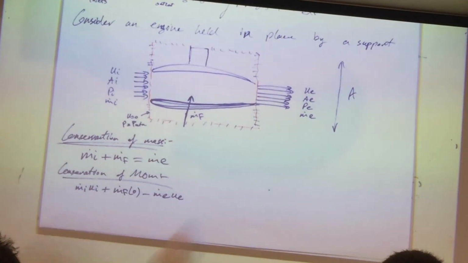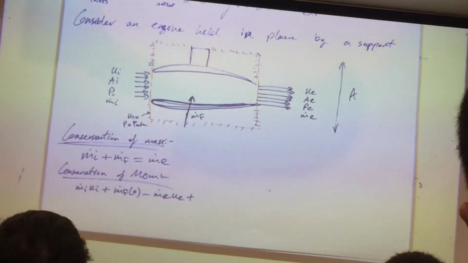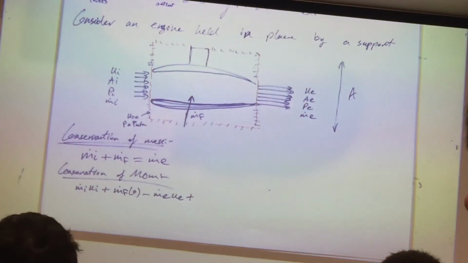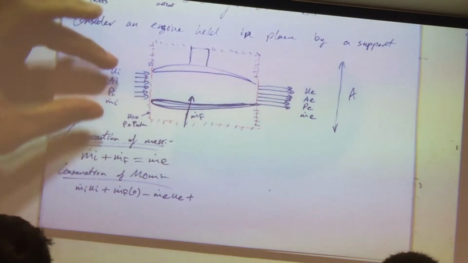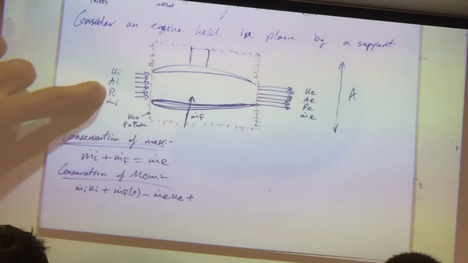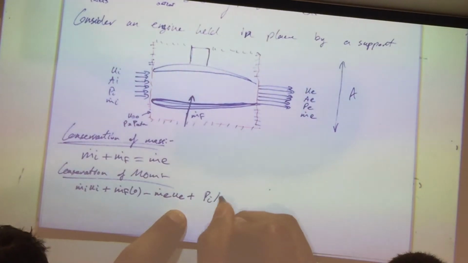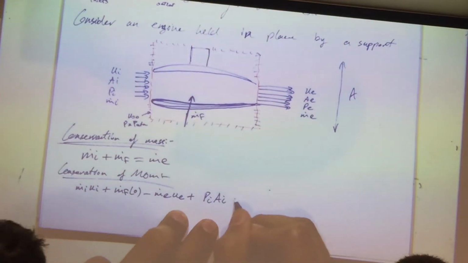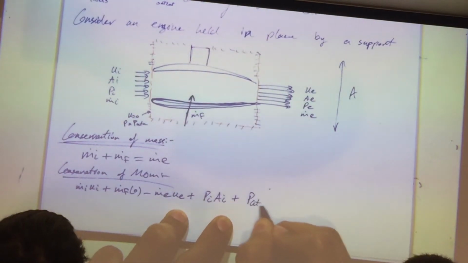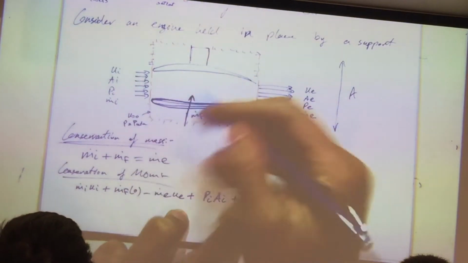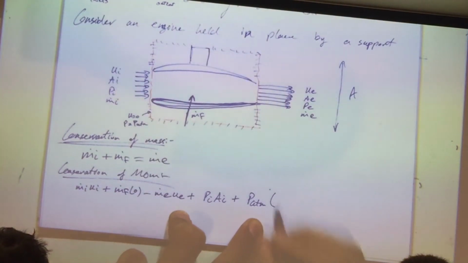All right, what goes out? Plus my sum of pressure forces that I have applying on my surface. So what do I have? I have this pressure relative to this, so it will be P inlet multiplied by A inlet plus atmospheric pressure multiplied by the area difference, which is only in the one-dimensional direction.